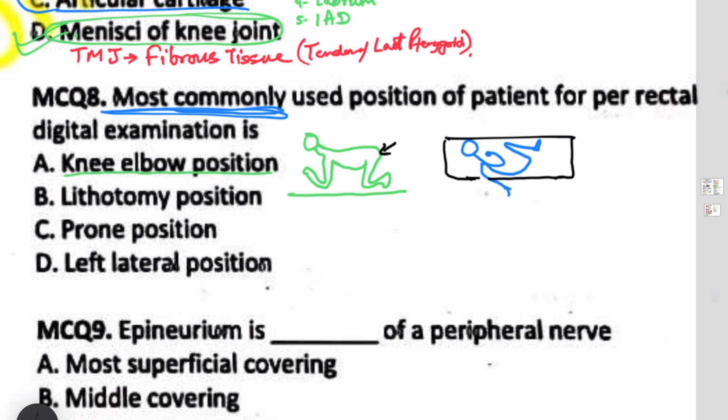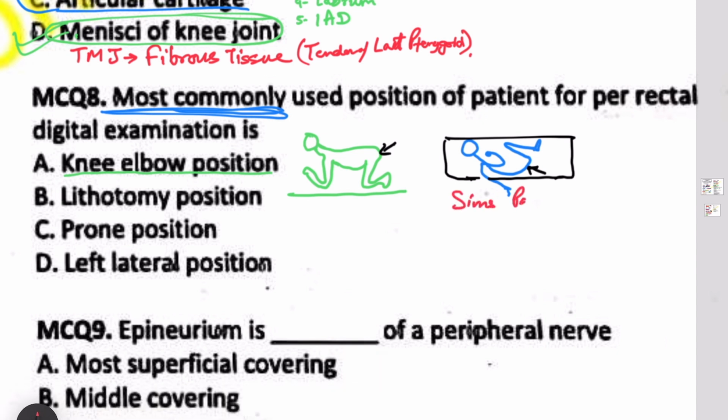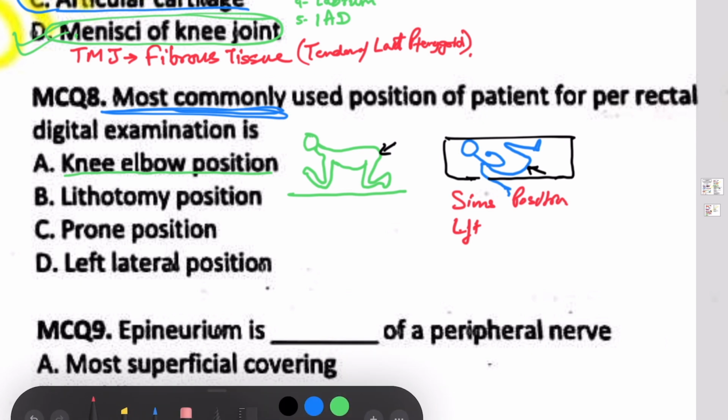So ask the subject to lie down in the left lateral position, folding his legs and approximating his knees towards the chest. That is how this position is easy for per-rectal digital examination. So this is called the Sims position, or left lateral position.